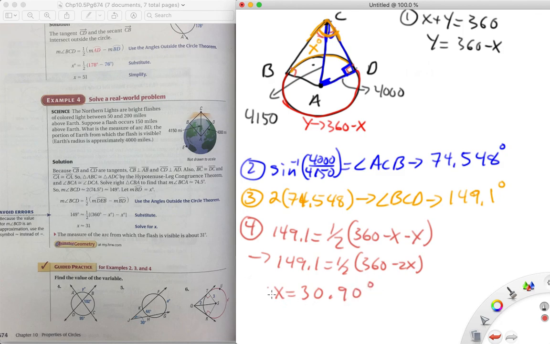And the book says about 31. So, yay, 30.9. That is my inside arc. So if I wanted to find my outside arc, I would just subtract 360 minus that, and that would give me my outside arc. Okay.